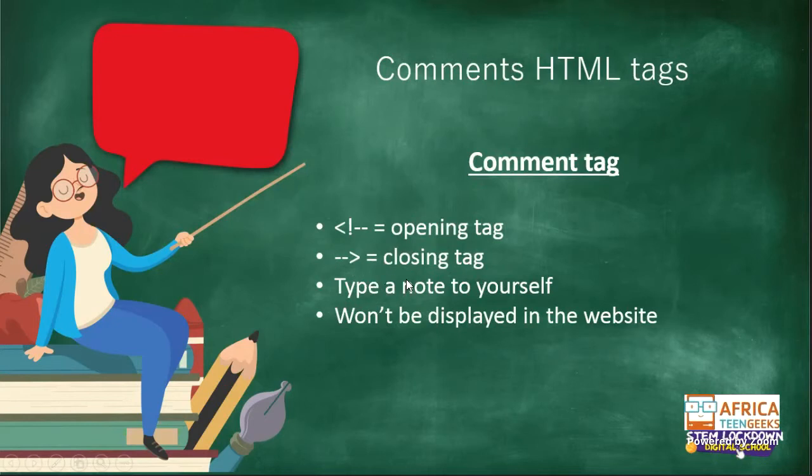The comment tag basically is a note to yourself, maybe a little explanation about why a tag is doing what it does, and you will not see this appear in your website. So if you create a comment tag and you want other people to edit your website, you might use that comment tag, and you won't actually see it in your final product.